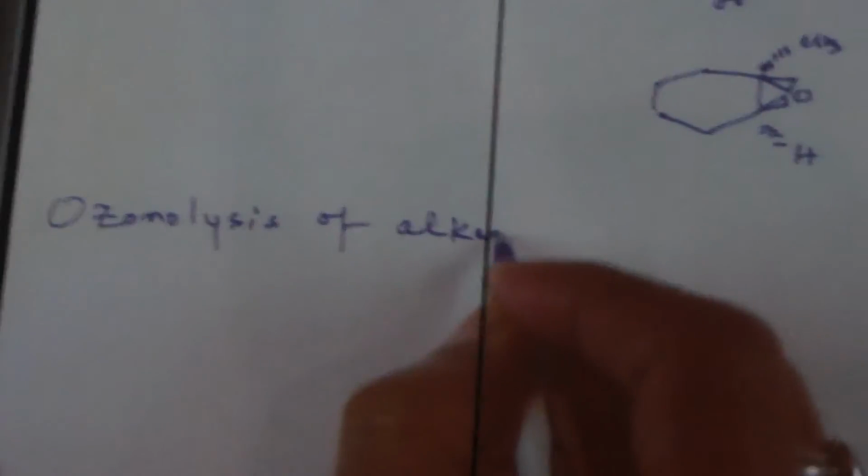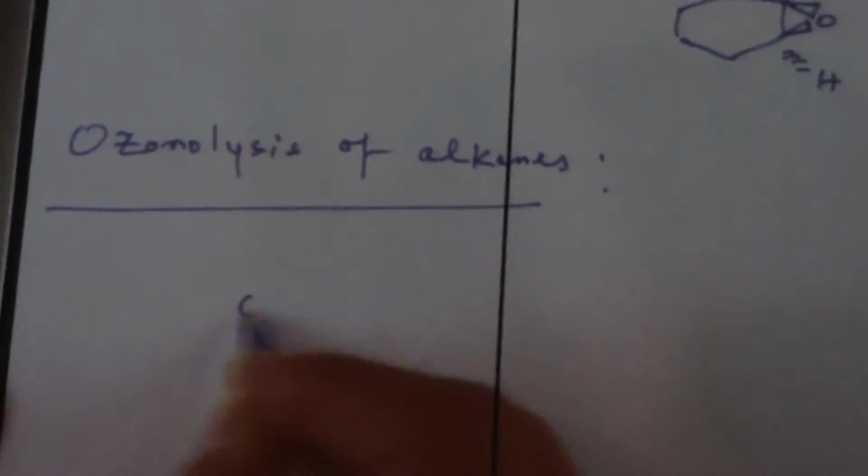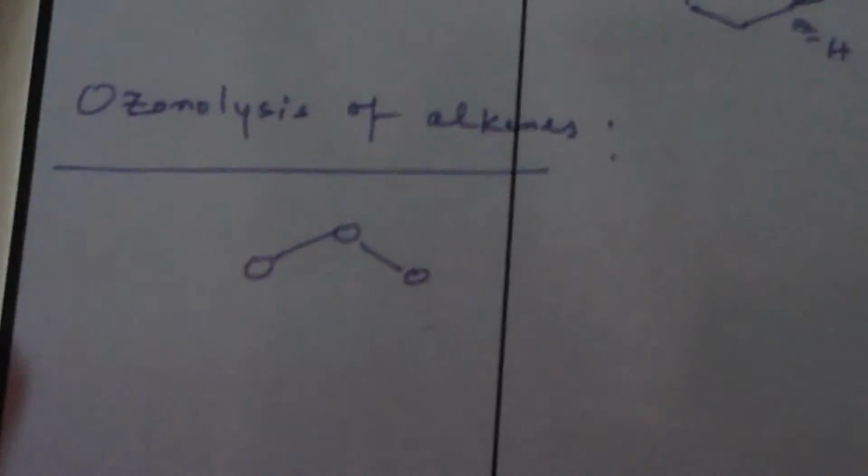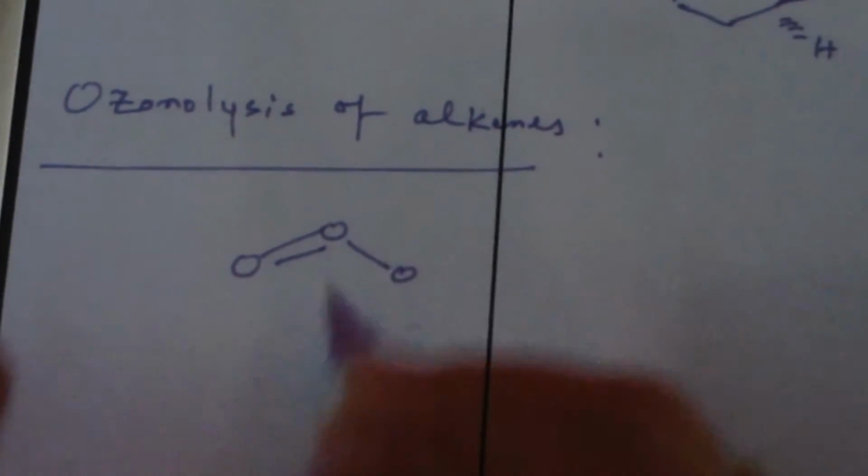This is ozonolysis. Ozone, as you know, is three oxygens joined together, and therefore one of them has a double bond.